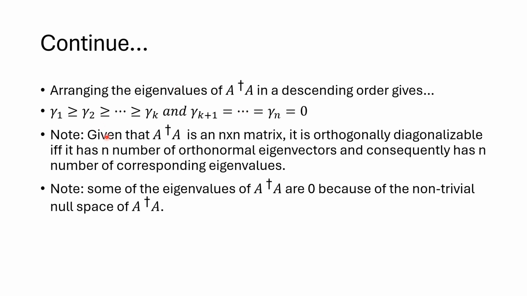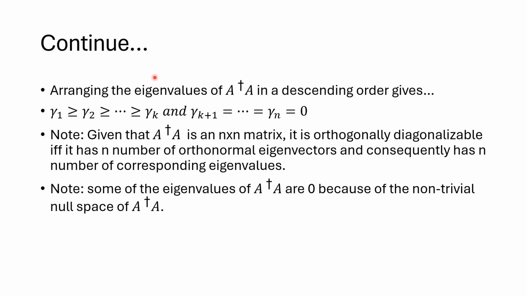So also, given that A transpose A is an n by n matrix, it is orthogonally diagonalizable if and only if it has n number of orthonormal eigenvectors, and it has n number of corresponding eigenvalues. So if you look at right here, we have k number of eigenvalues here all the way up to n number of eigenvalues.